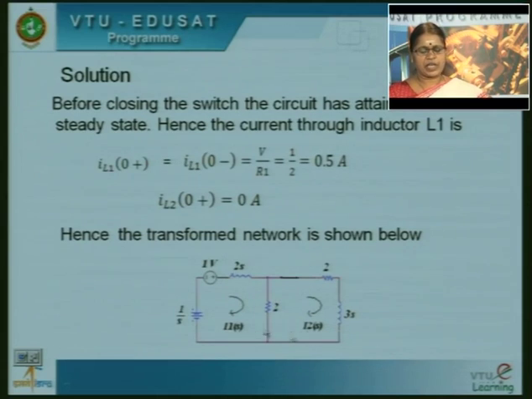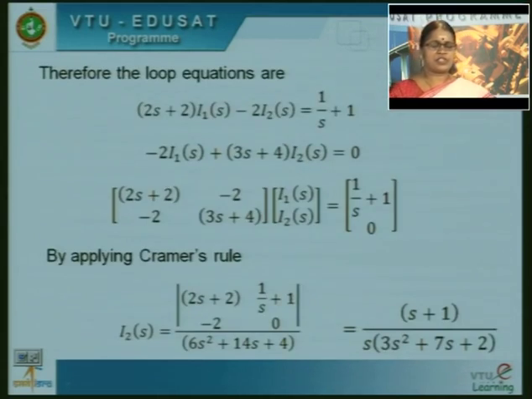So, if I write the loop equation for the first loop, it is 2S plus 2, that is the total impedance of this loop, 2S plus 2 into I1 of S minus 2 into I2 of S, that is equal to the total voltage in the loop.